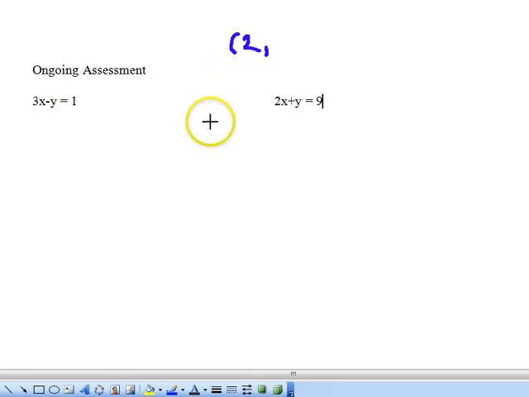so we're going to solve this equation for x. Okay, so we're going to add y to both sides, plus y, and we get 3x is equal to y plus 1.